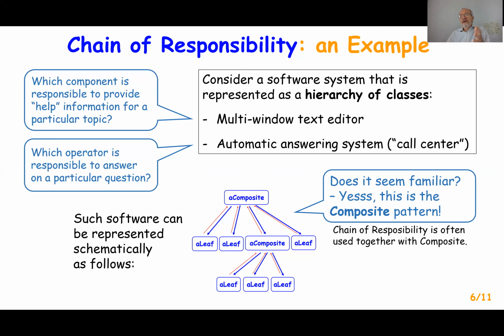So this is why I have shown you this picture in this lecture. The idea is that the chain of responsibility pattern is often used together with composite, and I'm going to show you the similarity. So, okay, let's take the first example, an answering system.